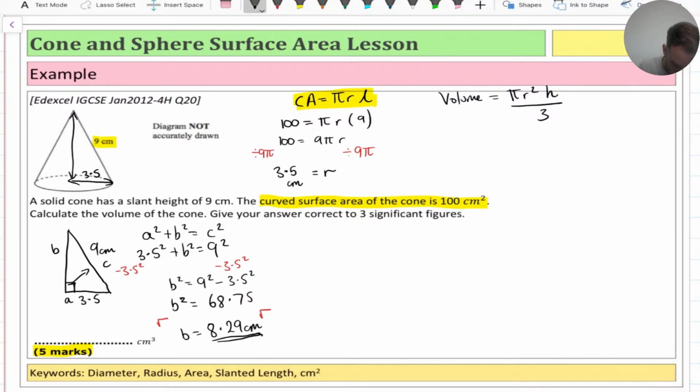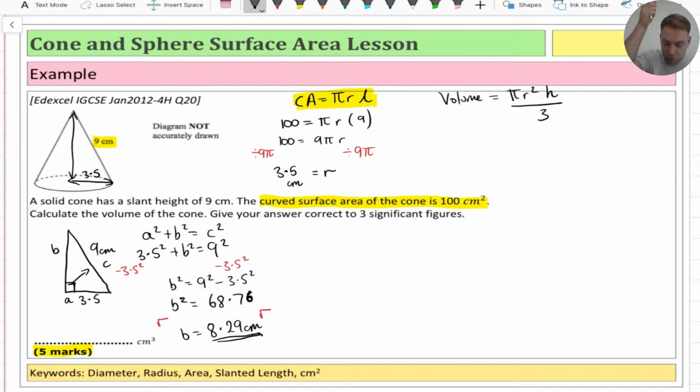Let me take a step back for a second, because this isn't easy. I've worked out the radius using the curved area formula.